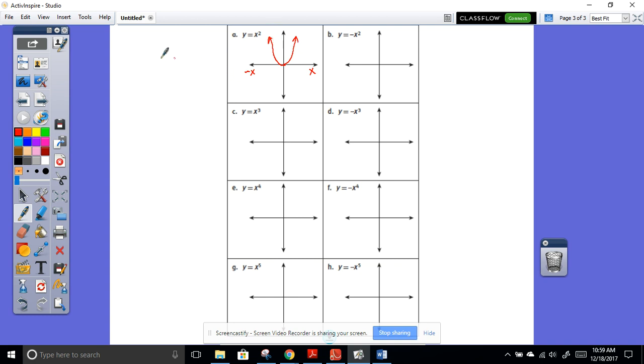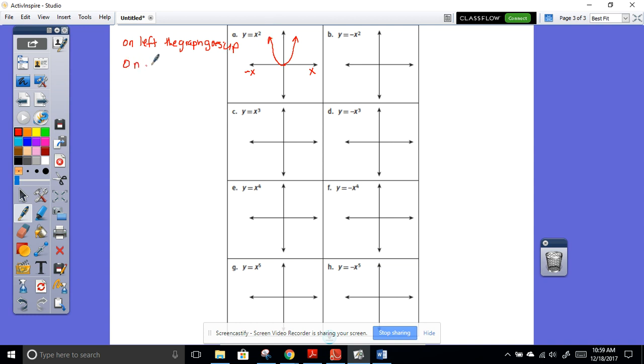Okay, so we can describe this by saying on the left side of the graph, the graph goes up. I think most of you would be okay with that description. On the left side of this graph, the graph is going up.